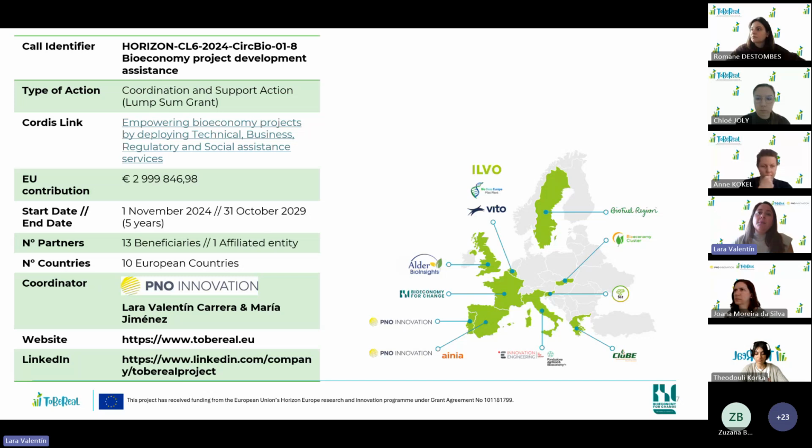You can see in the map who are our partners. We are 13 beneficiaries, partners, and one affiliated entity, and we cover 10 European countries. You have here the information of our website and the LinkedIn, and I hope that you can follow up after this webinar. And the project is going to be run until October 2029. So it's still a lot of time for supporting the bioeconomy in Europe.